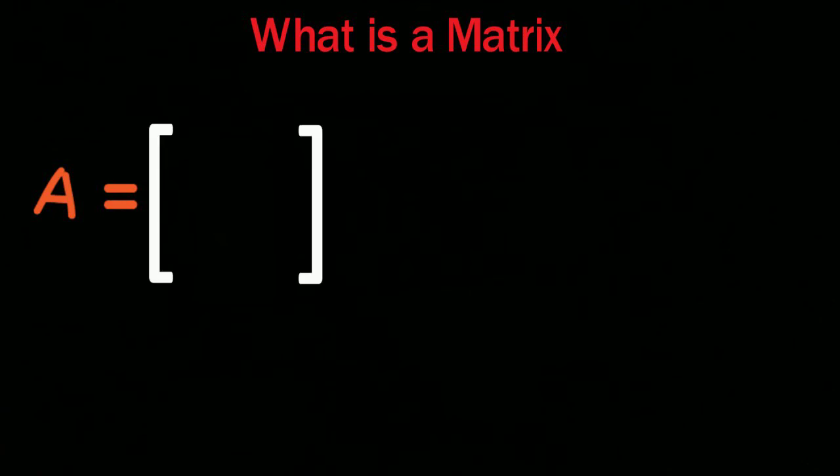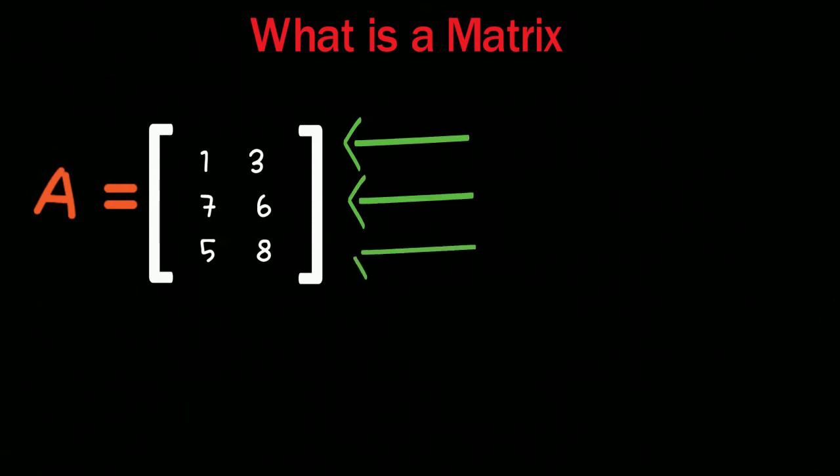So let's say we have matrix A. In this example of matrix A, we have the elements 1, 3, 7, 6, 5, 8. So in this matrix we have 3 rows and 2 columns.